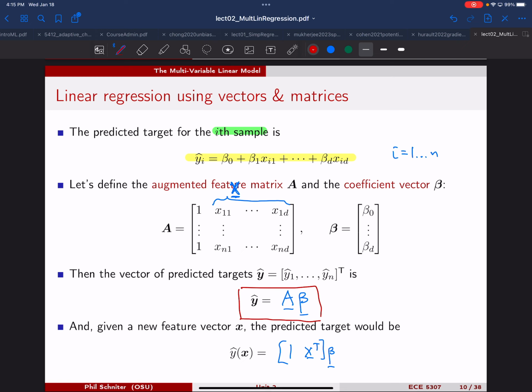Okay, and then the other thing we said is, once our model is trained and we have our beta vector, if somebody gives us a new feature vector x, something we have never seen during training, and you want to make a prediction for that, you can do that by making this row vector where you append the 1 onto your x transpose.